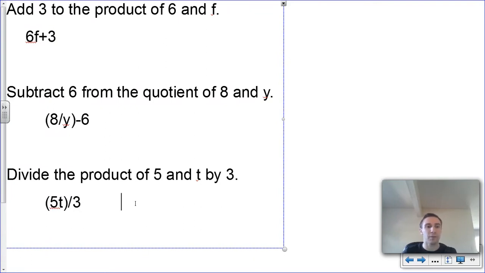If I'm writing this out on paper, it's going to look like 5t, and then let's see if I can get this to space down. It doesn't space very nicely. But I can do 5t and underline that so I get a fraction bar. It's 5t over 3.